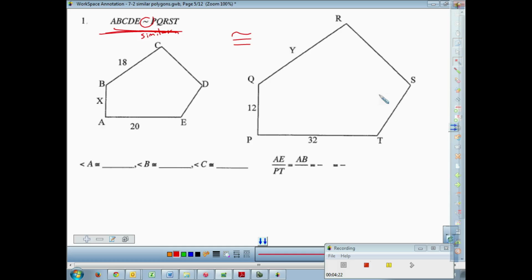Can you tell me which one's big and which one's little? Where's the big one, on the left or on the right? Put a giant B in that one. B stands for big. This would be the little polygon then. Put an L in there. It seems so elementary to do that B and L for big and little, but it saves lives. That little step makes everything work out just perfect.